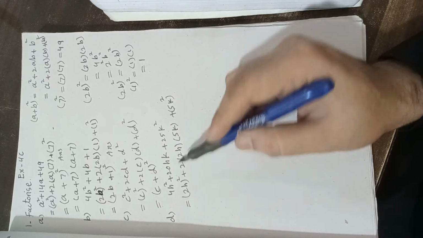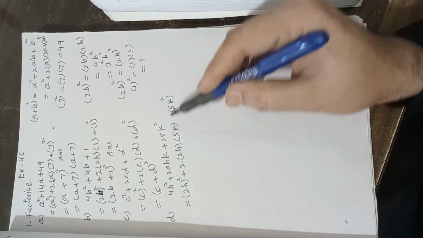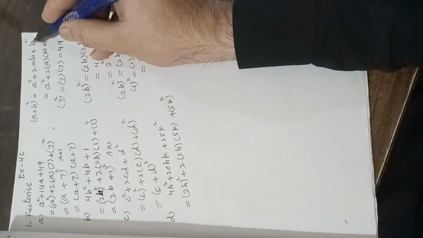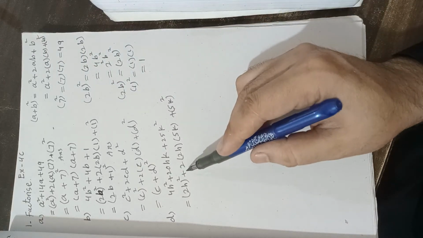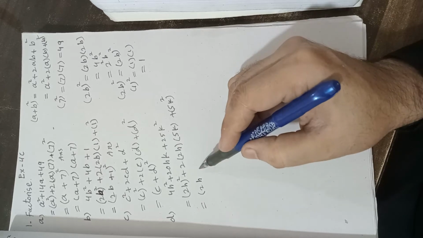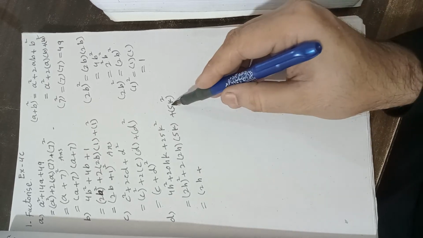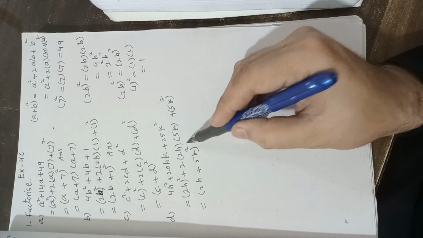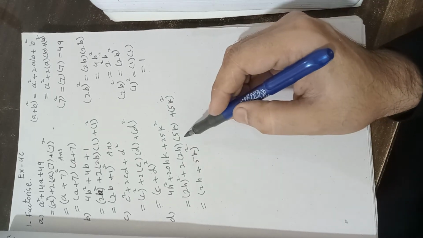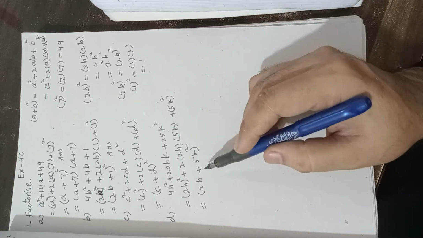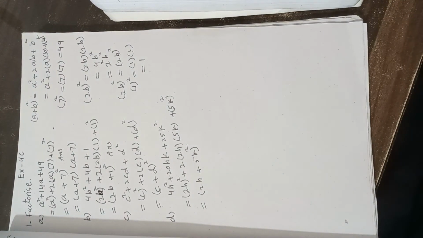So a square plus 2ab plus b square, it is again according to this identity. Now you will write the first term with this plus sign and then the last term and whole square. You will hide the term that is between these two terms. So our question number 1 has been solved.